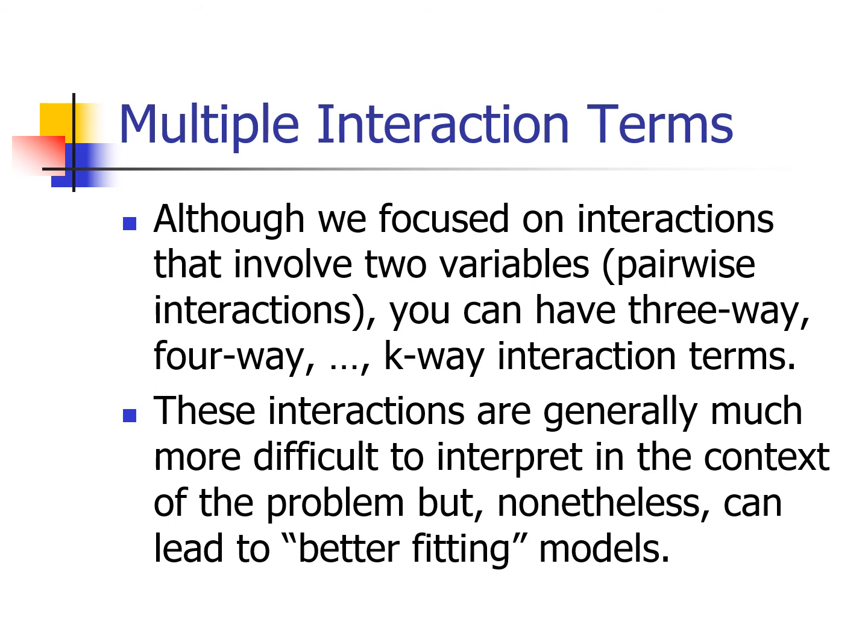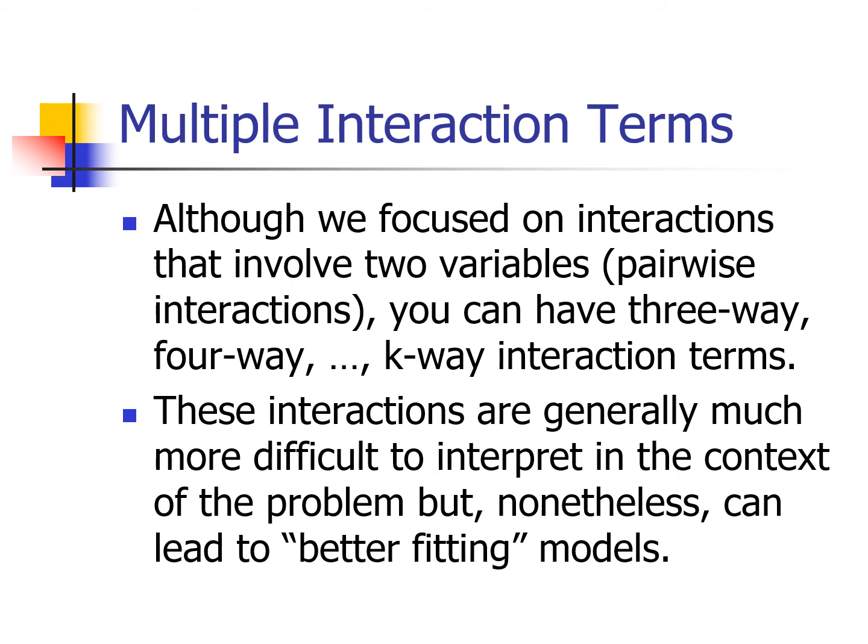Now, we just focused on interactions that involve two variables. This is called pairwise interactions. For larger models that have 3, 4, 5, 6, k variables in them, you can have 3-way, 4-way, k-way interaction terms.